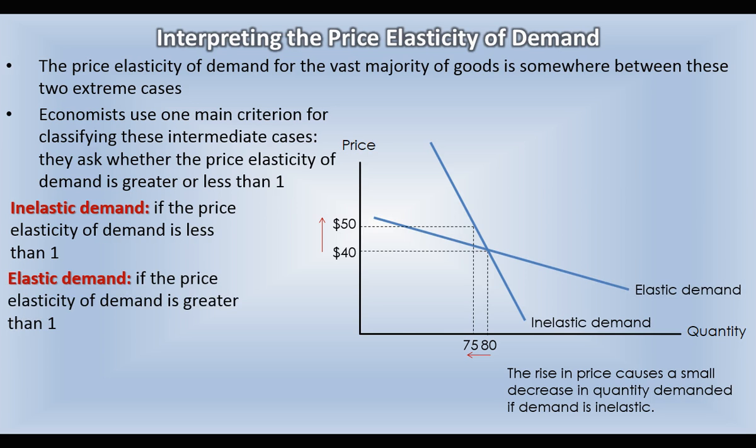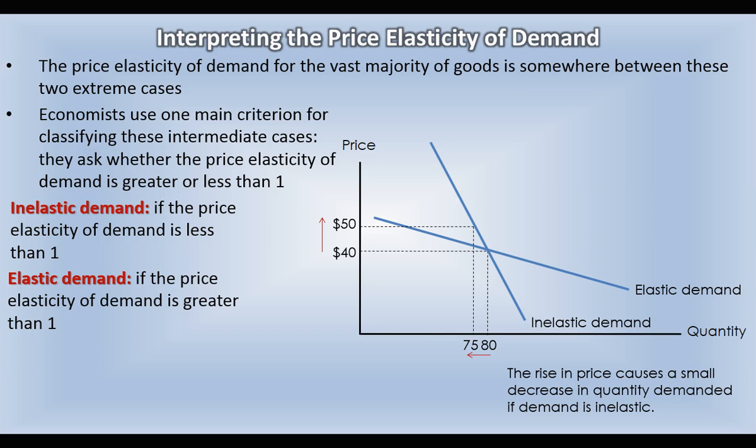If the price elasticity of demand is greater than 1, then we say that we have elastic demand. And elastic demand, remember, the most elastic demand can be is perfectly elastic, which is a horizontal line. And so the flatter the demand curve is, the more elastic demand is in that market.